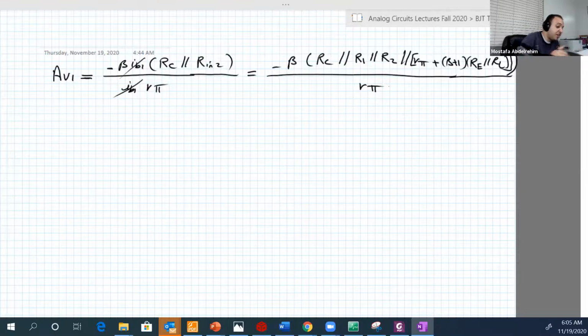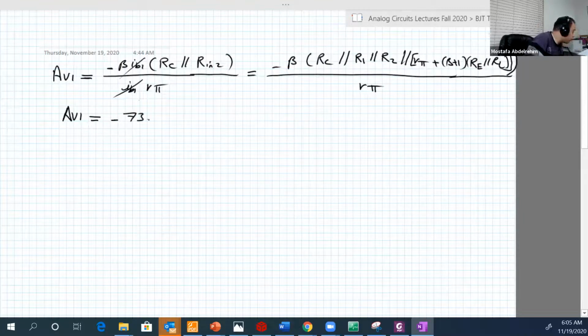And by the way, everything here is known, so you can calculate AV1. AV1 will be minus 73.21.